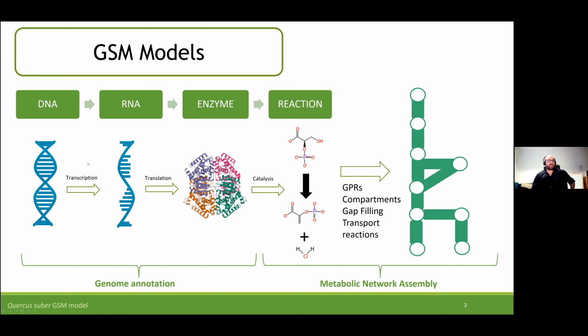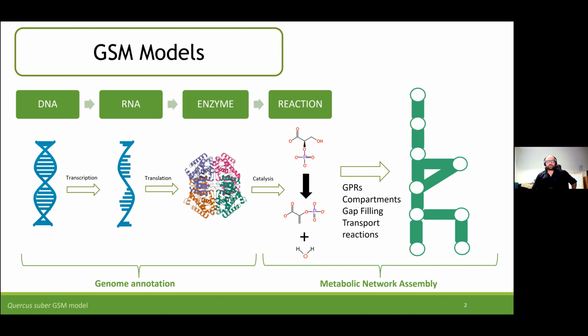So we start from the DNA sequence and we perform the annotation where we identify the gene products, namely the enzymes and the transporters, which are the ones that are associated with the metabolism of the organism. So we try to identify the portion of the DNA that is associated with the metabolic capabilities of the organism.